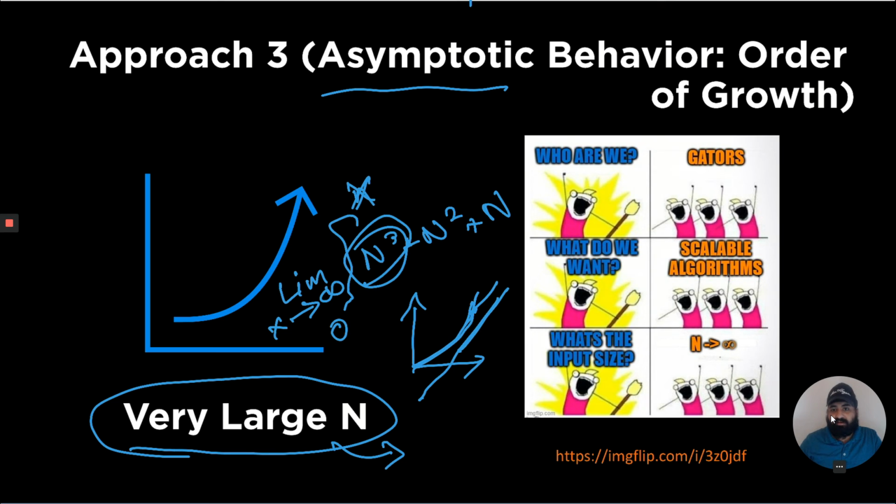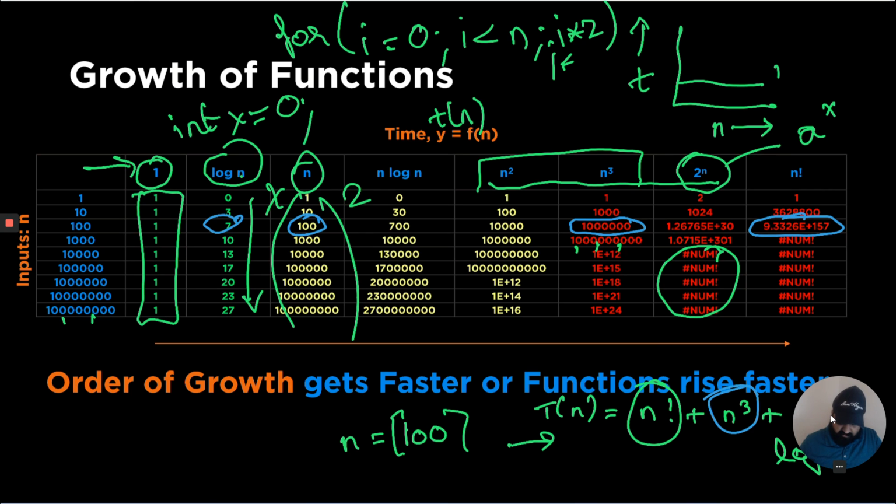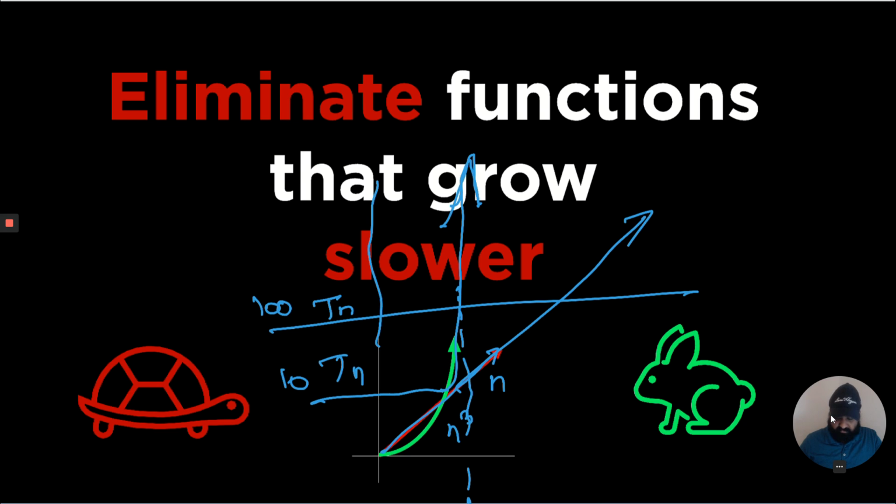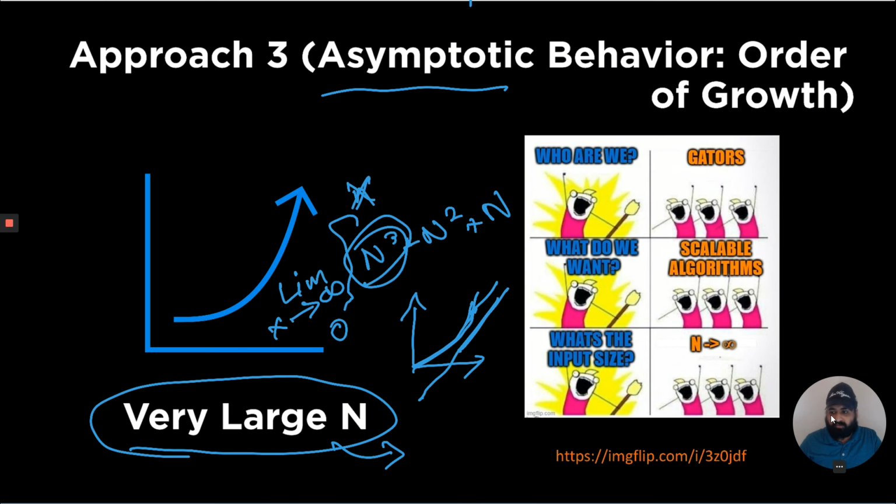In the previous set of videos we discussed how Google is analyzing trillions of web pages, or large amounts of data. That's when asymptotic analysis makes a lot of difference, because some functions grow very fast compared to other functions. So we truly care about scalable algorithms.